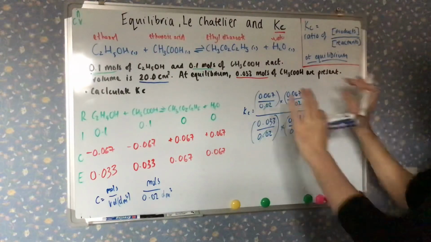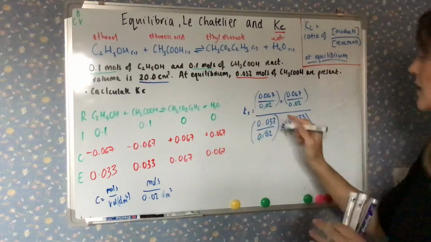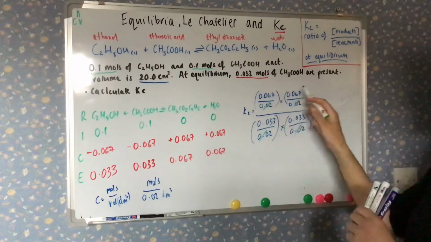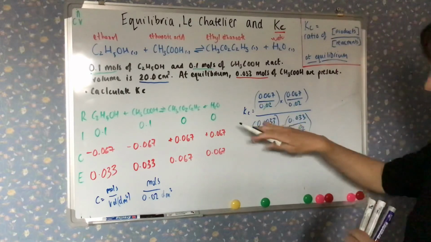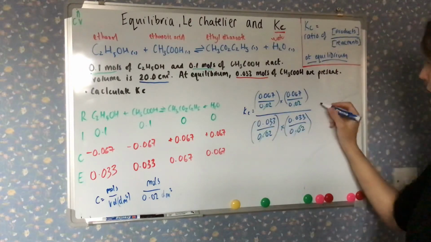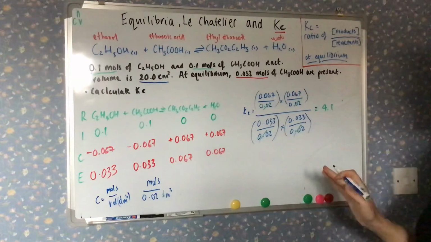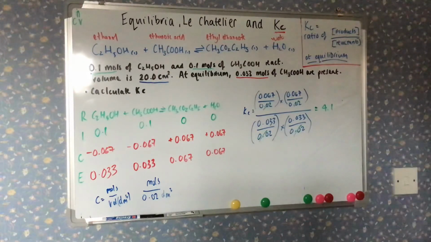So if you prefer to work out the whole concentrations, great. If you prefer, you can cancel those out and just simply do 0.067 times 0.067 divided by those two. The answer you get is 4.1, I think. I've done it a couple of times. Hopefully, if you get a different number, check it. And you will need to work out units.